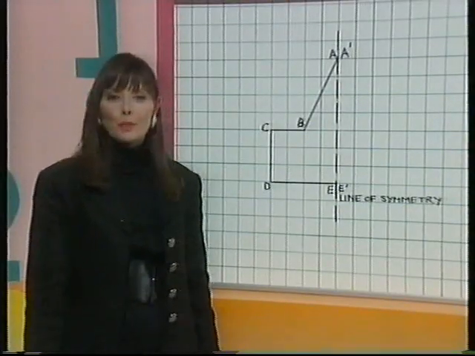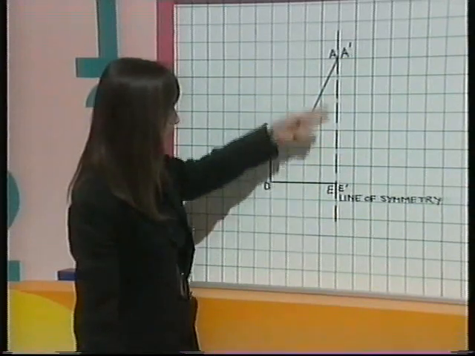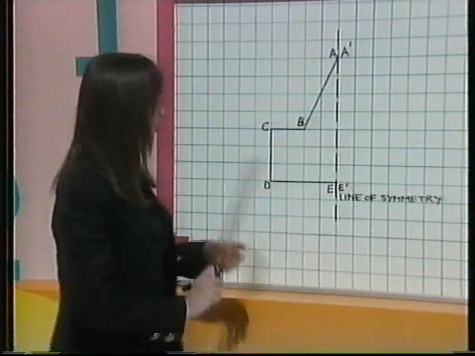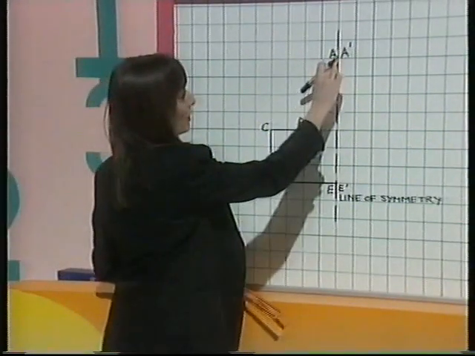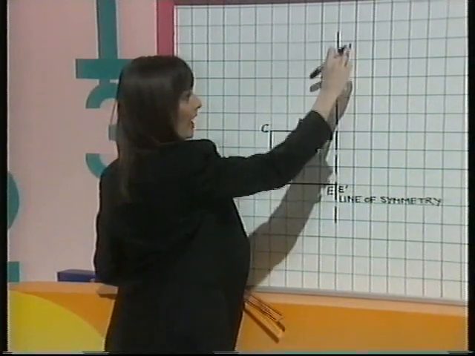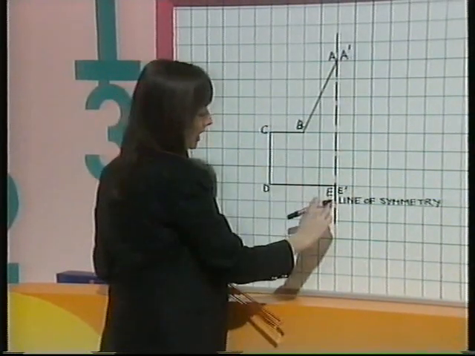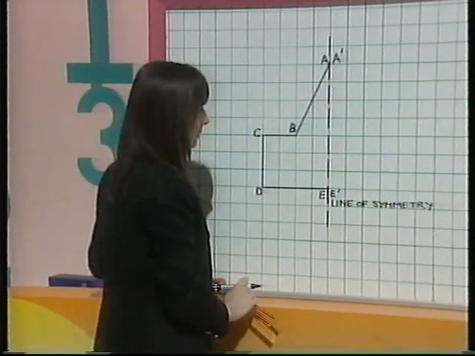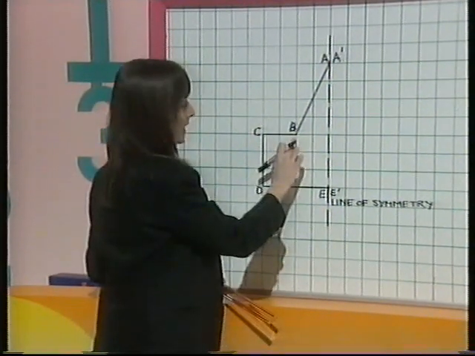If you're given half the picture and its line of symmetry, this one's going up here, then you can complete the reflection. What you do is, here, this point is on the line of symmetry, so that is A and also A dash. And going down here, E is on the line of symmetry, so E dash is in exactly the same place. But what about B?